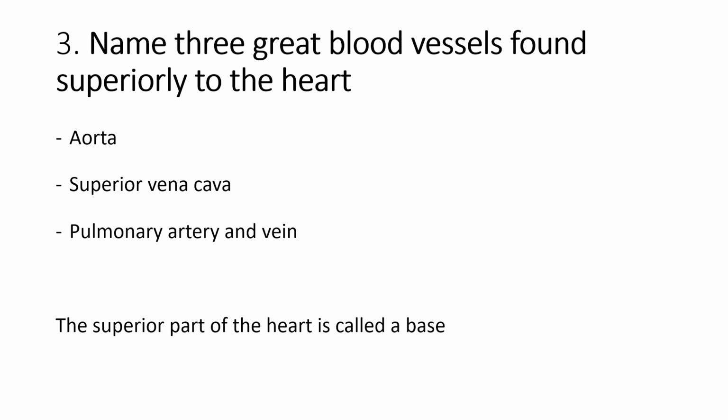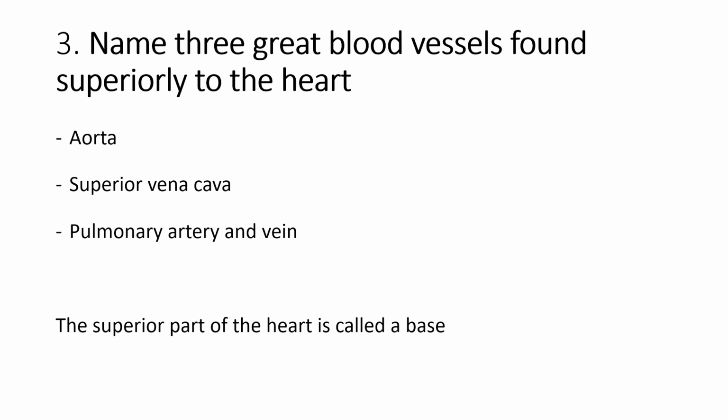Another one, the other great blood vessel found at the base of the heart, is the pulmonary artery as well as the pulmonary vein. You will recall that the pulmonary artery is the one that contains deoxygenated blood.